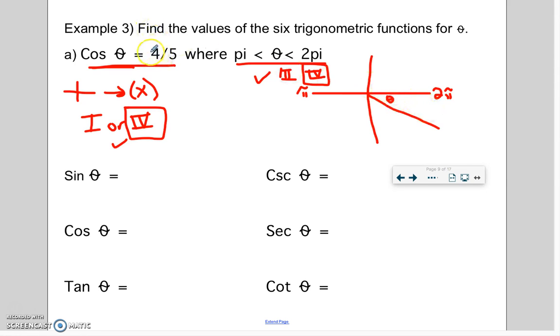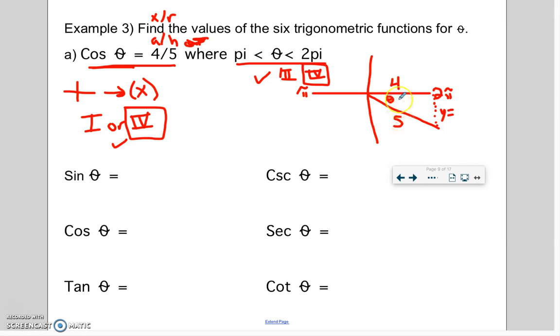So now, because I know cosine is adjacent over hypotenuse, or x divided by r, we know that the 4 is going to have to go here because that's adjacent to my reference angle, and the 5 then is my radius, which leaves me my unknown of y.